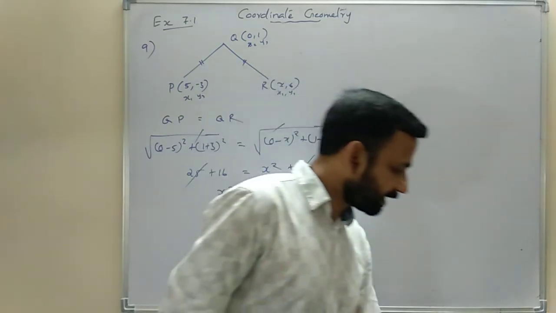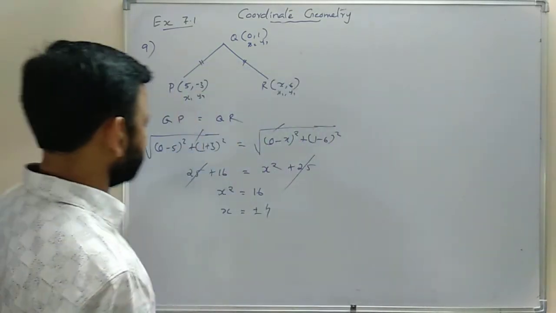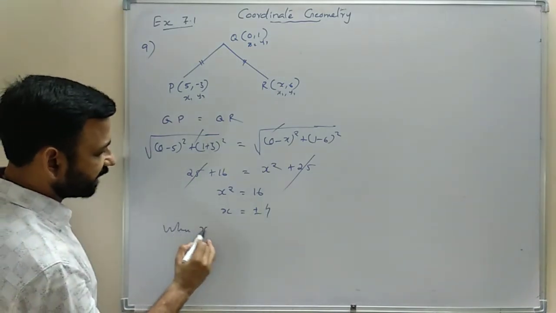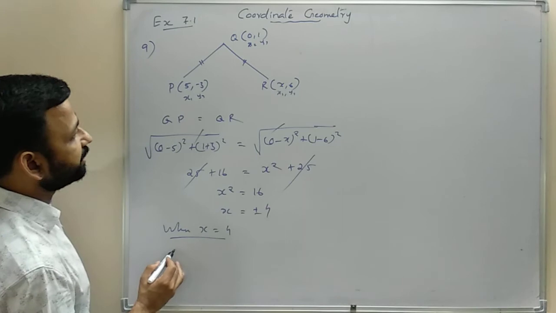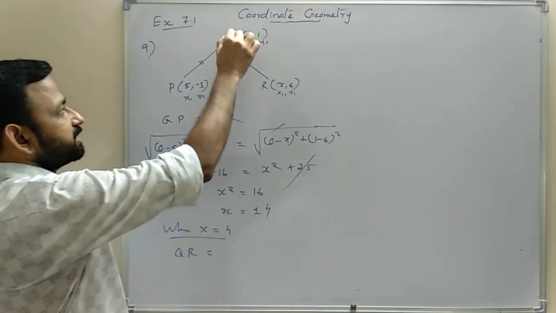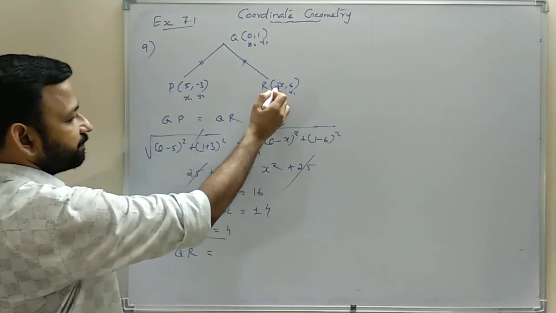Then we need to find the distance QR and PR. So here we have two cases. When x is equal to 4, we need to find the QR. That means the distance between Q and R. So here we will replace x by 4.